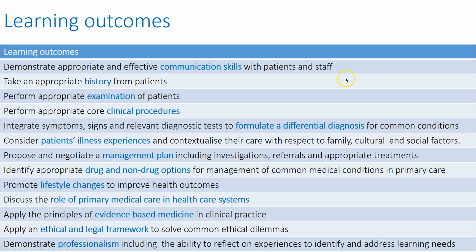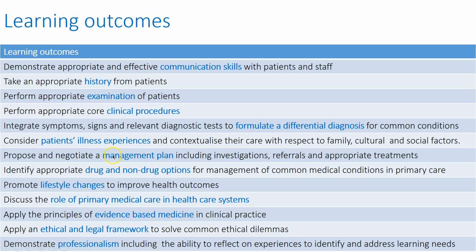Your learning outcomes are here. Looks like quite a big list, but effectively, we want you to become a good communicator, able to take a competent history and examine patients, and to perform clinical procedures with ease. You should be able to integrate all of this to formulate a differential diagnosis, but including a focus on the patient's own illness experience and not just the disease or disorder model of doctors.